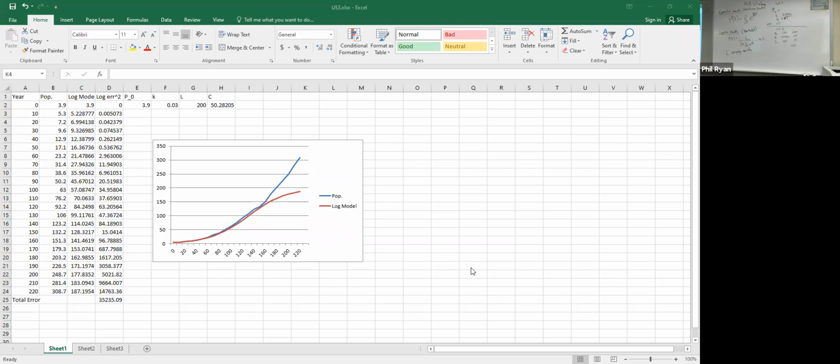So the next time I do this course, I'm going to have to introduce another row when we get these figures out. So yeah, we're up to 308 million. So just play with that a little bit. I think if you can get it below 1,000, you're doing good. Have a go again. The same thing: P naught, K, and L.